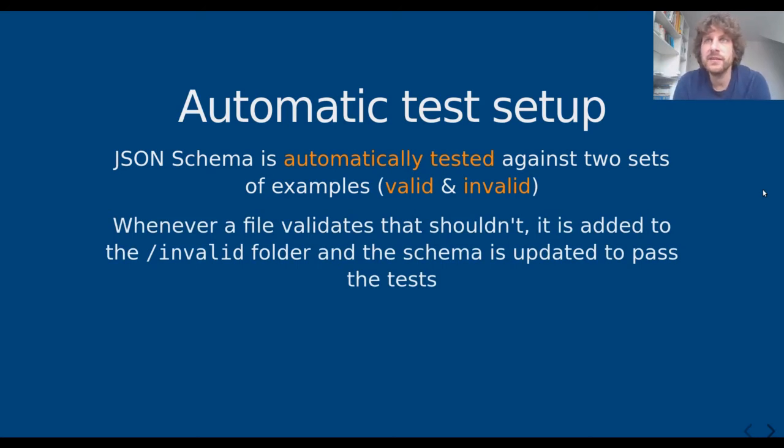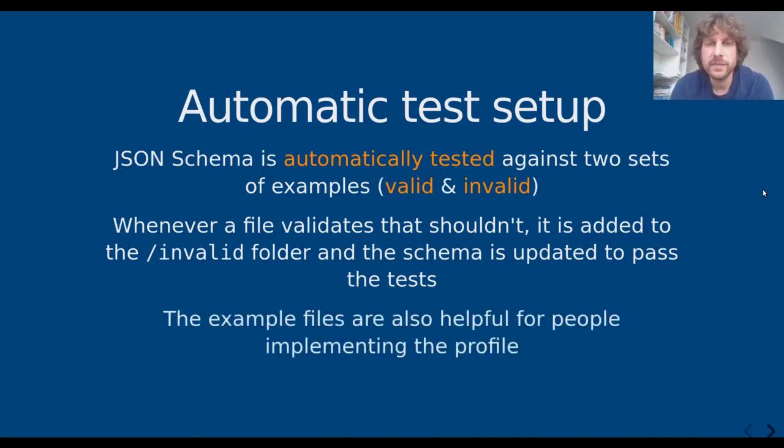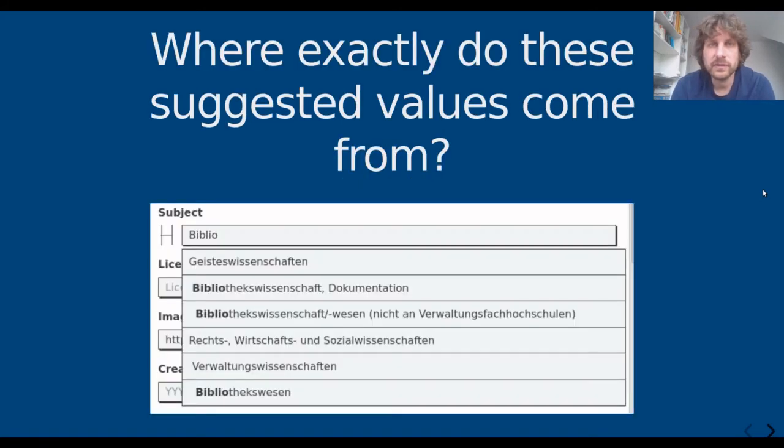Whenever we notice a file that is invalid, but the schema doesn't catch this, we add the file to the invalid folder, update the schema so that the tests pass, and then the schema will be stricter and better, and we are moving on. And also, these example files are helpful for people who are implementing the profile. They can take a look at them as examples.